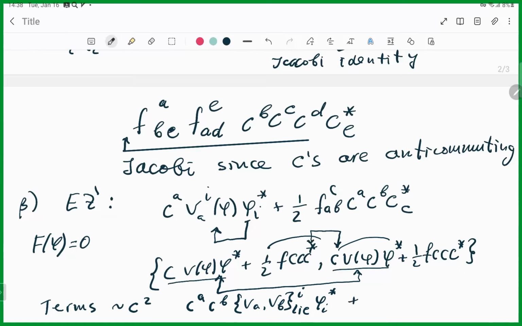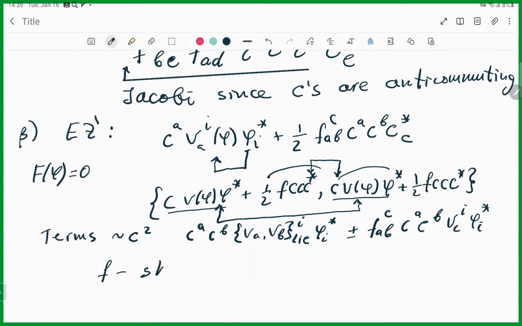So we will get, up to the sign and coefficient, F A B C, C A, C B. Okay, I write here plus minus. I'm showing the idea. VC I, phi I star.